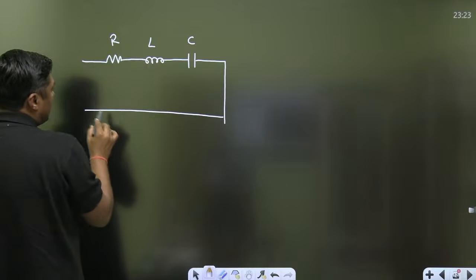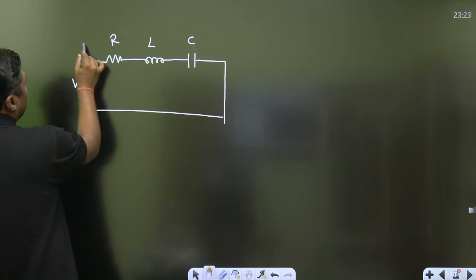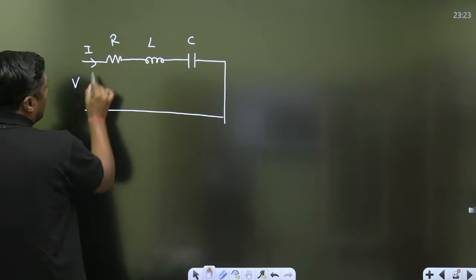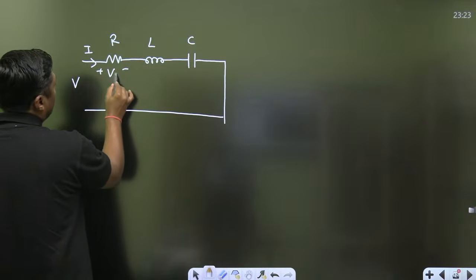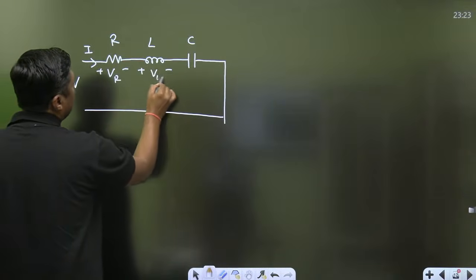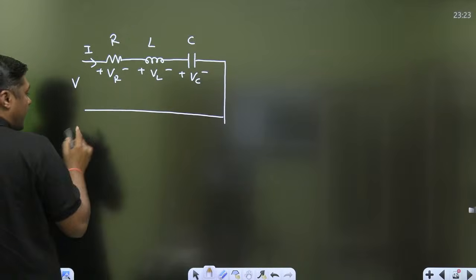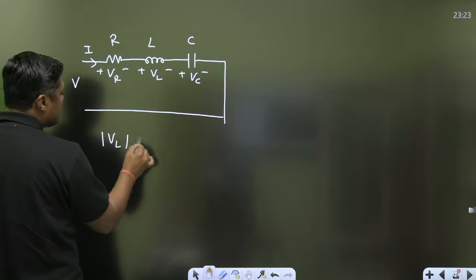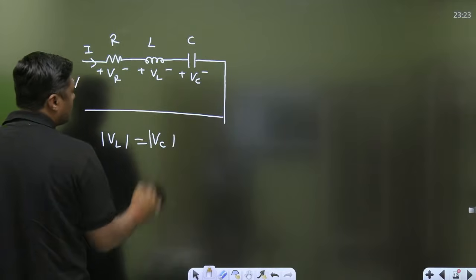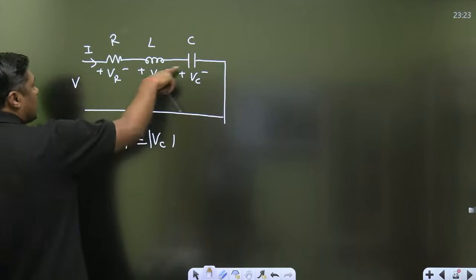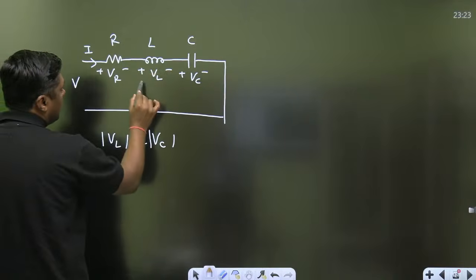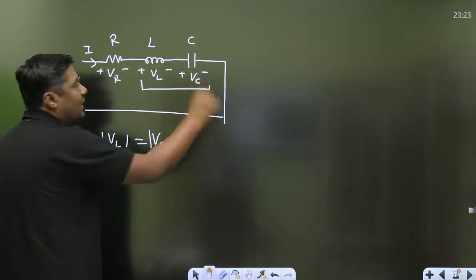Then at resonance, voltage and current will be in the same phase. Voltage across the resistor is VR, voltage across the inductor is VL, voltage across the capacitor is VC, right? And the magnitude of VL is exactly equal to the magnitude of VC, and they will cancel each other.